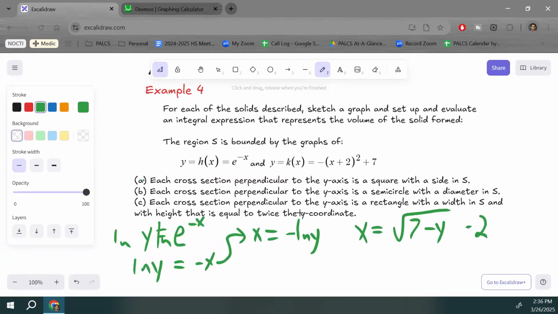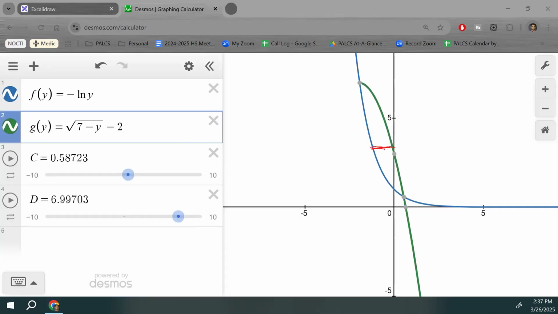Each cross-section perpendicular to the y-axis is a rectangle with a width in S and a height that is equal to twice the y-coordinate. The width is the distance between those two, which is going to be g of y minus f of y.